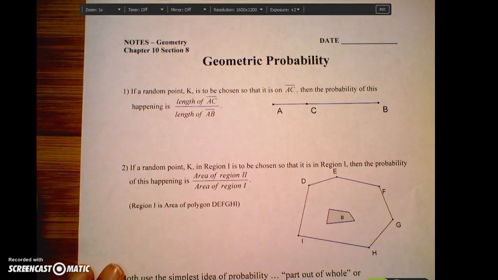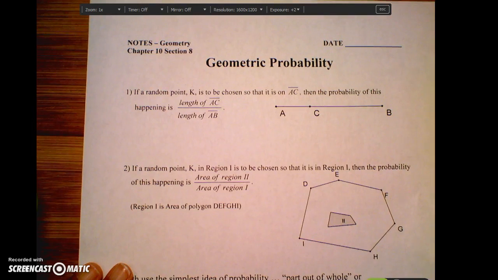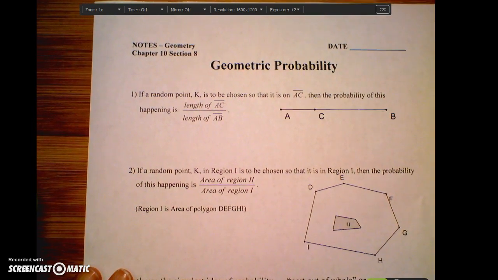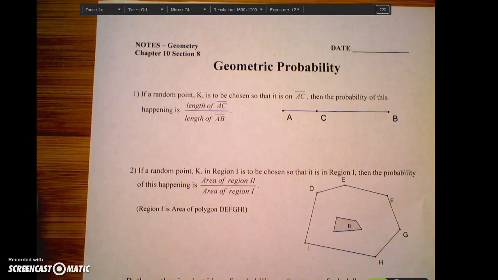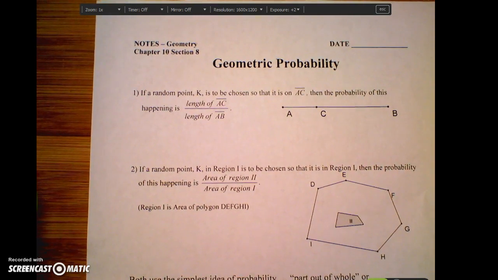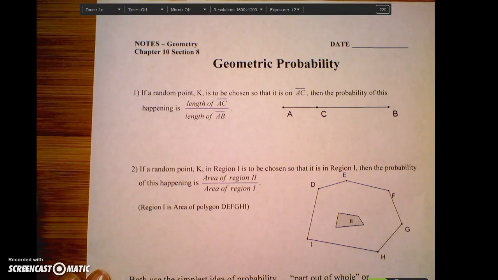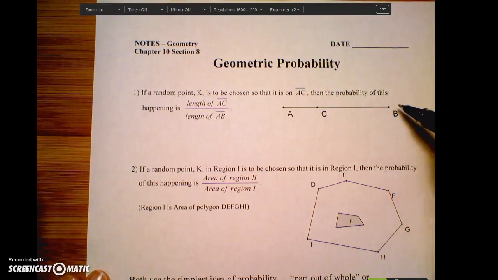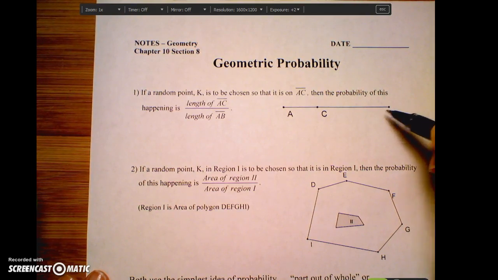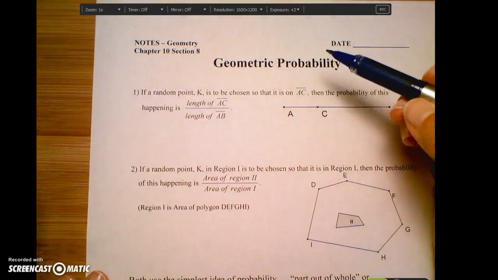Hi, we are looking at Chapter 10, Section 8, Geometric Probability. There's going to be two basic situations that we're going to look at in this section. One is where we take our situation and we break it down into a line segment, perhaps length of time, something like that.